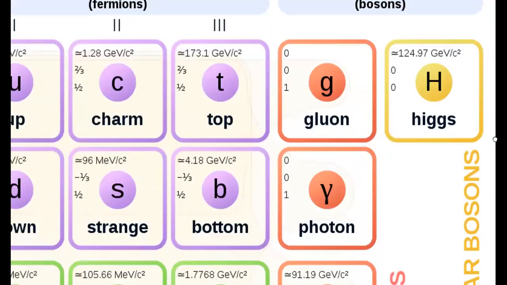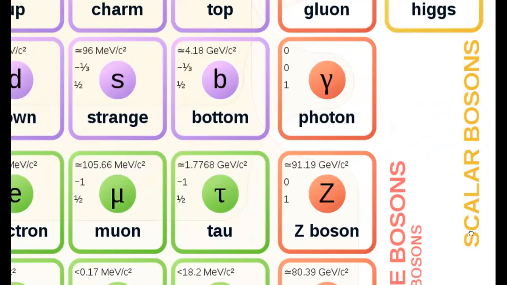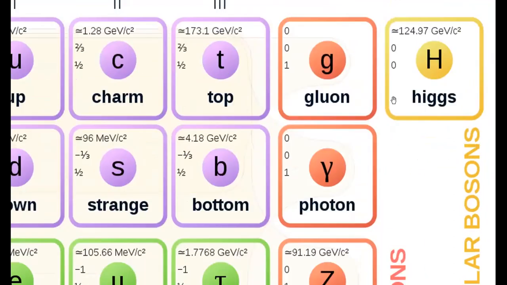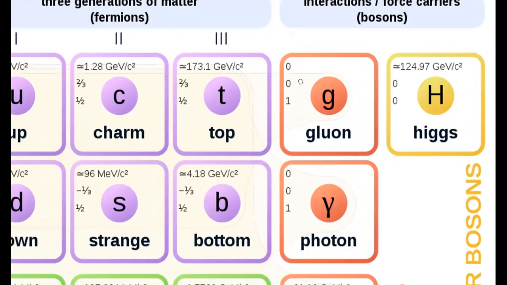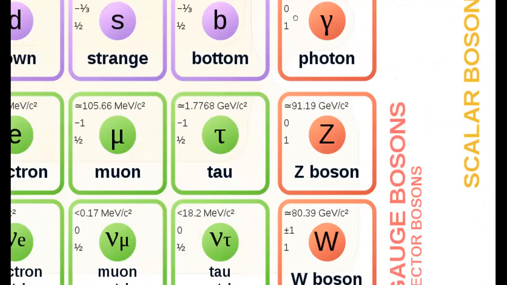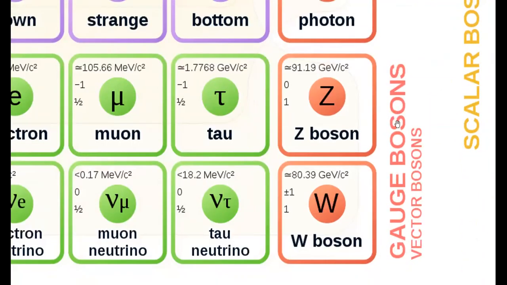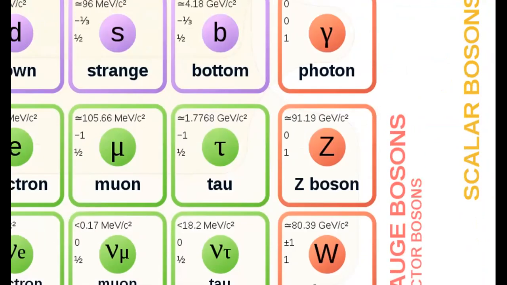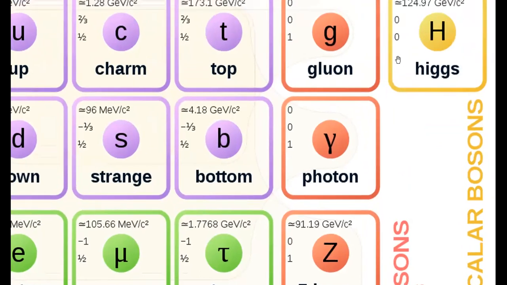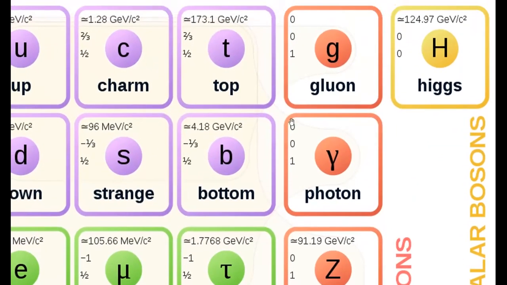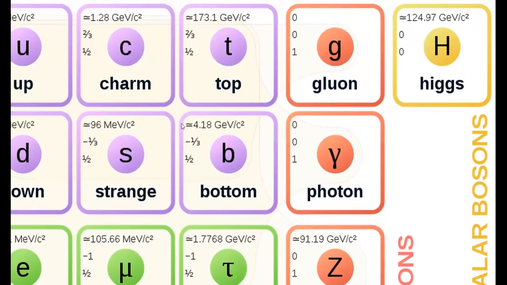We say that this is, as you can see in yellow here, a scalar boson because this number is 0. This is compared to the red particles, which we call gauge bosons or vector bosons. So this is one important difference between the Higgs and the other bosons that we know of. Okay.